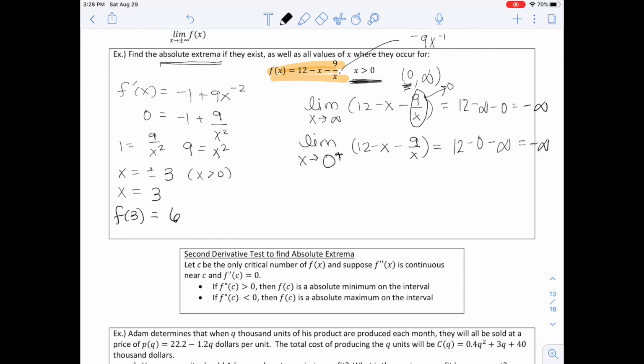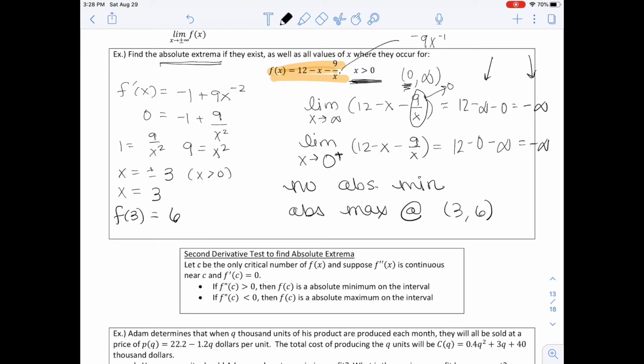So both of my endpoints are pointing down, which means that I am not having an absolute minimum. So we can say there is no absolute min. And we do have an absolute max. And the absolute max is going to occur at 3, 6.